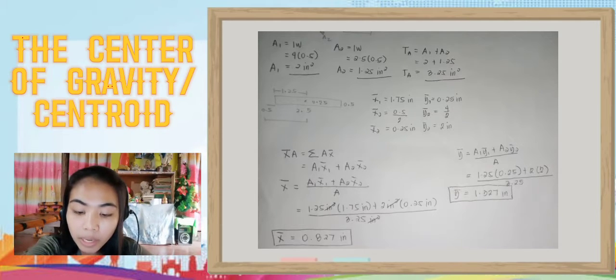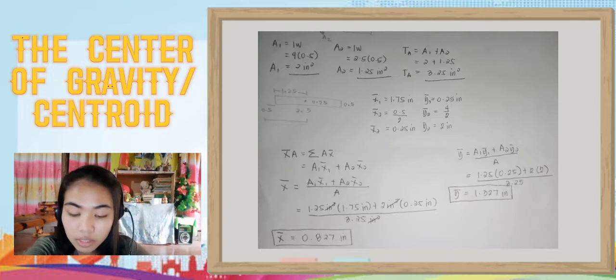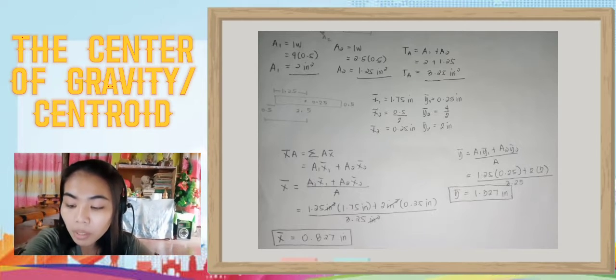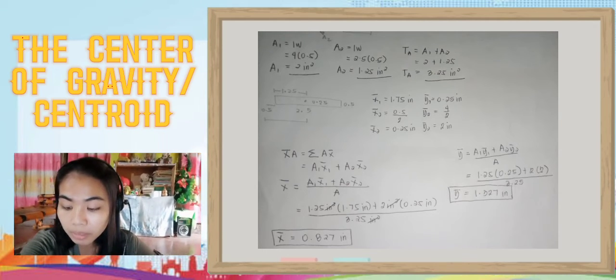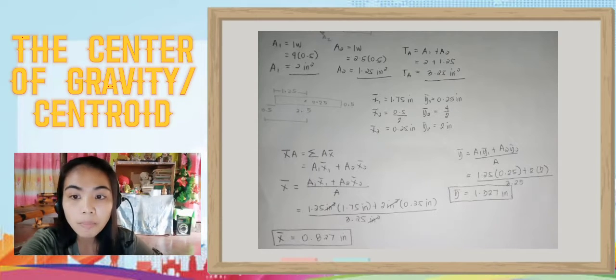Ang y bar sub 2 naman natin is equals to 4 over 2, which is yung 4 inches yung length kanina ng area 1. I-divide natin sa 2 kasi ang center niya is nasa gitna. So, divide 2. Ang y bar 2 naman is equals to 2 inches. So, para makuha natin ang x bar, gagamit tayo ng formula na x bar area is equals to summation of area x bar.